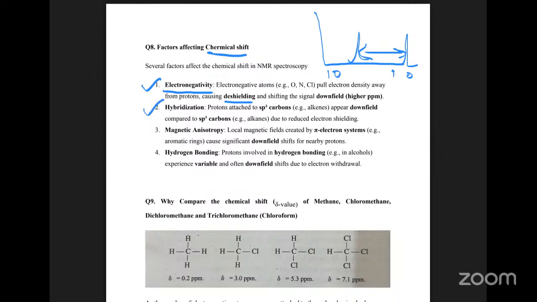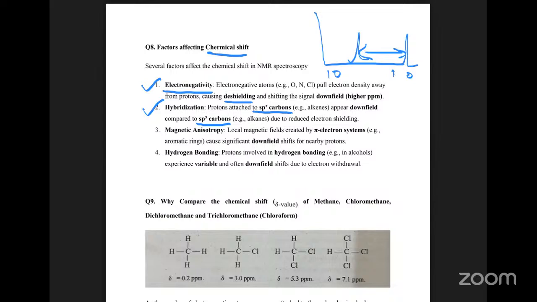The second phenomenon is hybridization. If you talk about hybridization, there is a similar type of effect, like sp2 hybridized and sp3 hybridized. Which one will be more electronegative? No doubt sp will have more s character, so the electrons are close to the nucleus, so it will be more electronegative.